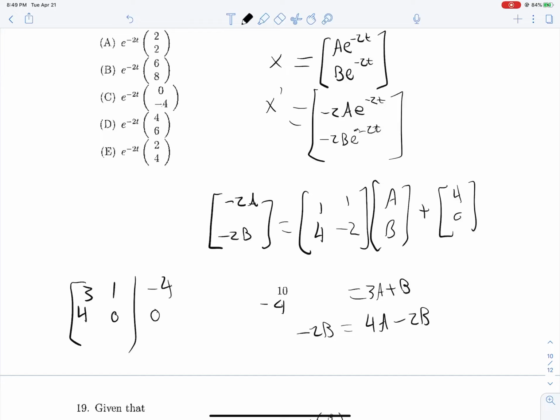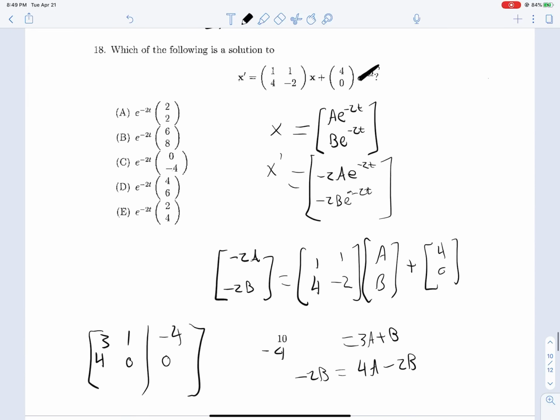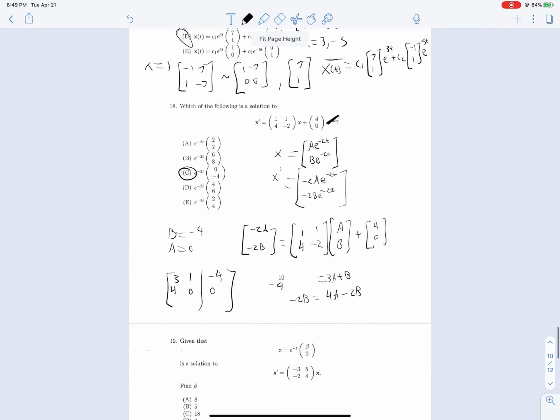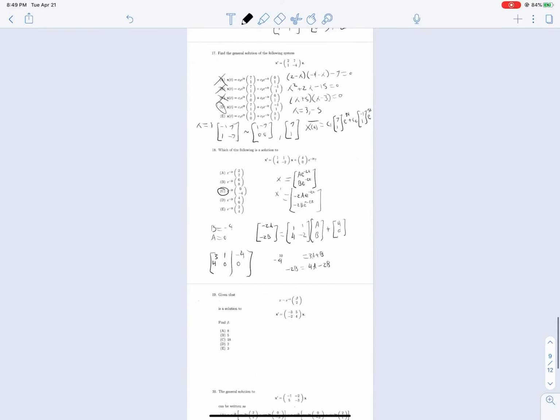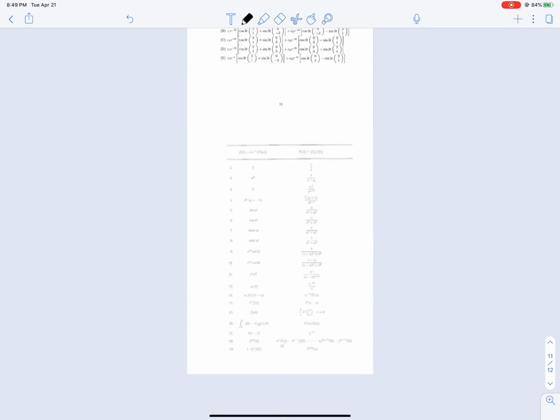As a result, we can use that second row to set that 3 to 0. And so a is equal to 0, b is equal to negative 4. And as a result, we get c as our answer. We can now stop pretending that e to the negative 2t doesn't exist. So 18 is c.